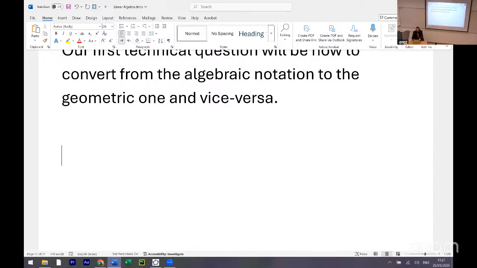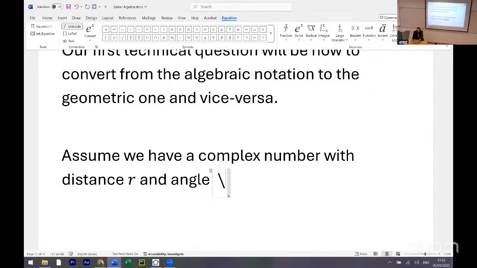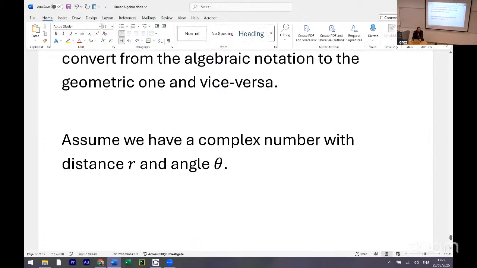So assume we have a complex number with a distance, which we'll call r, and an angle, which we'll call theta, and we wish to find a and b.